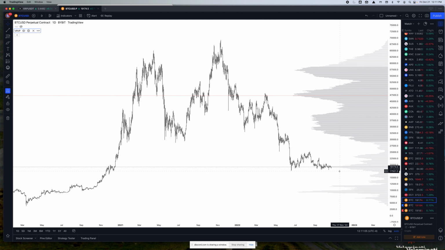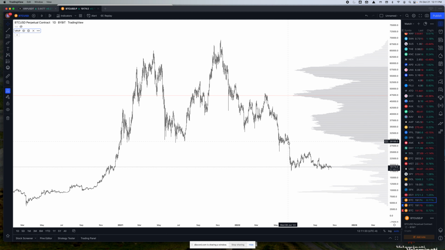You can see that if we were to lose this level, there's just not a lot of support, and there's a realistic possibility that we end up in this 15 area, this 12 to 13 area, or down to 12. But essentially, the most basic of strategies would be to trade these volume gaps.